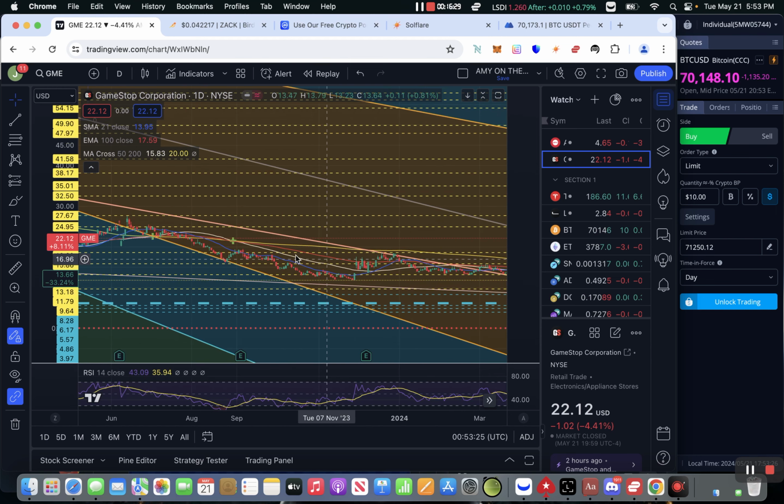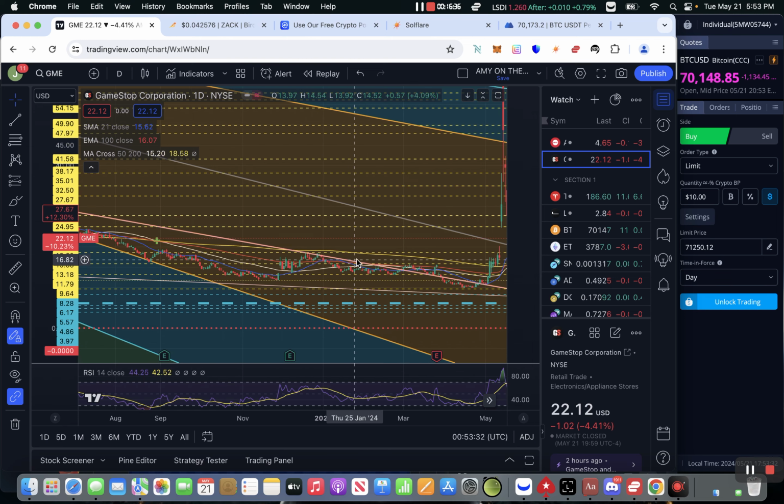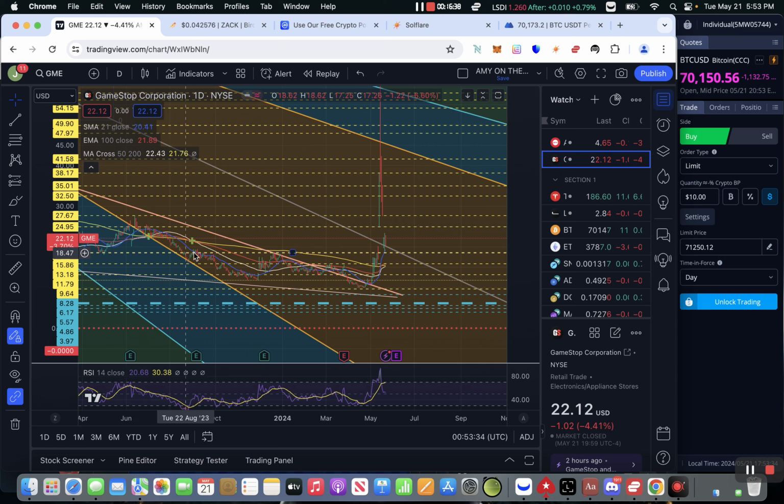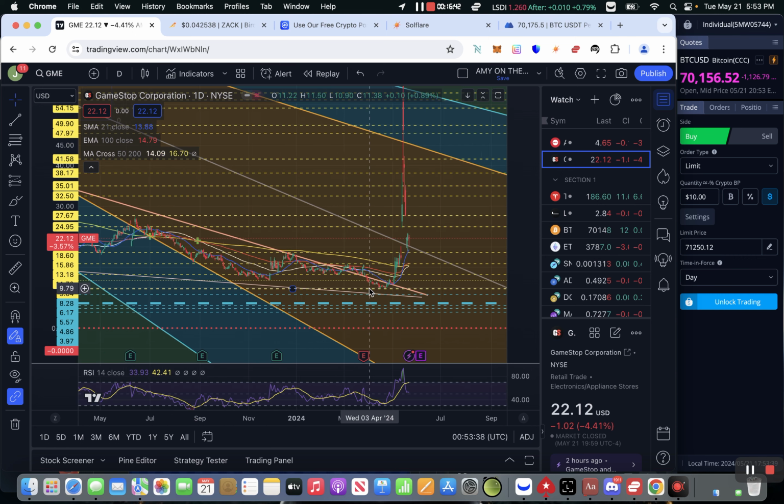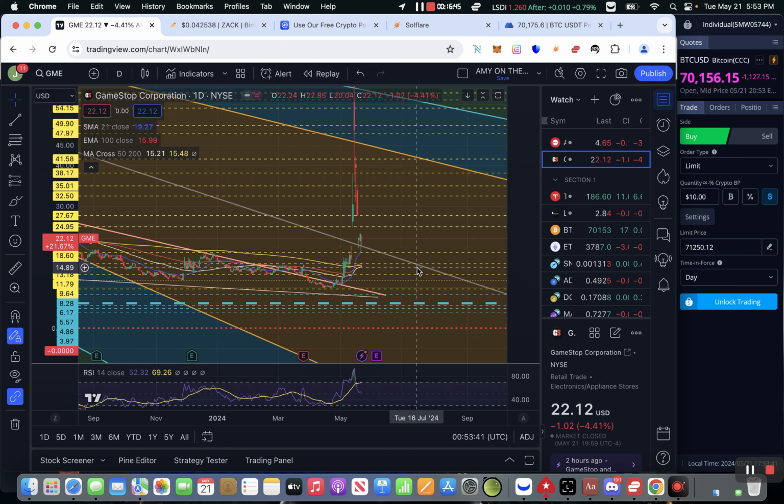And now with all this price action that happened, it started back in August of last year. All this almost sideways price action all the way here, going down, finding a bottom, and now this is where we're at. So when I say that GameStop looks more ahead of the game, it's because of this.